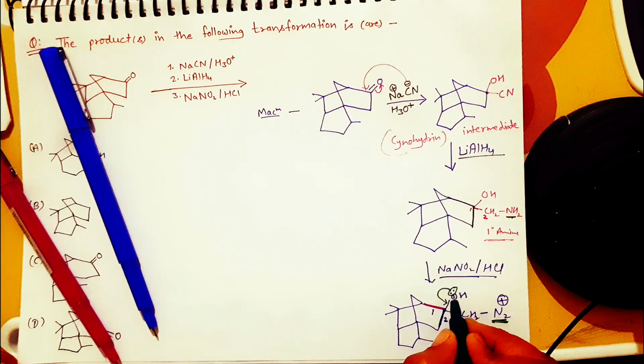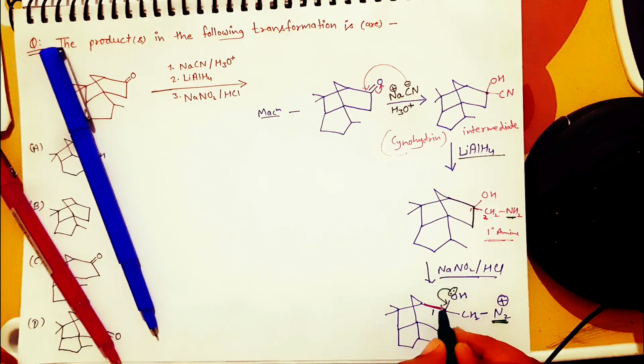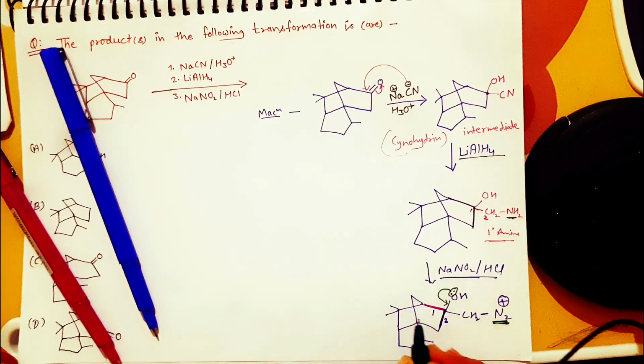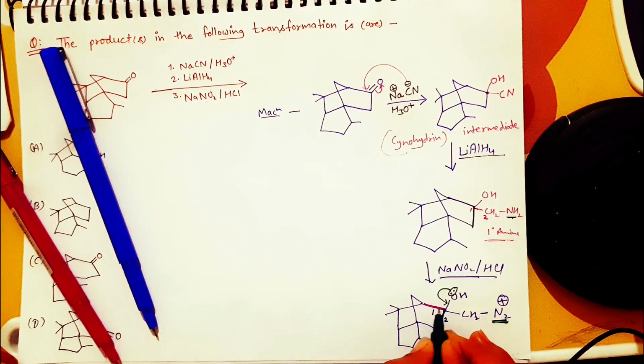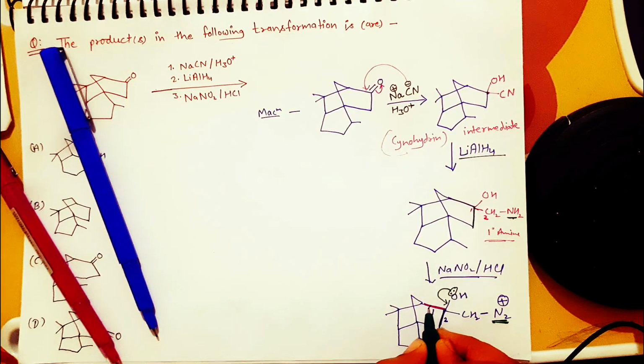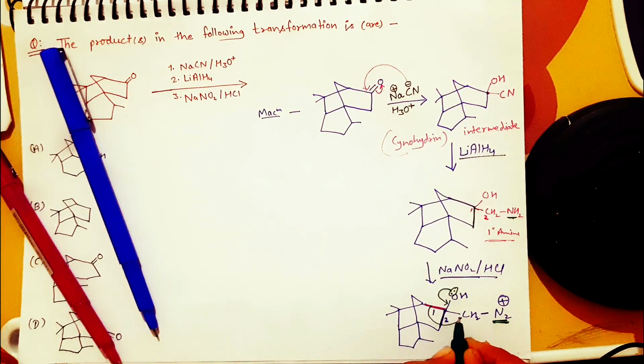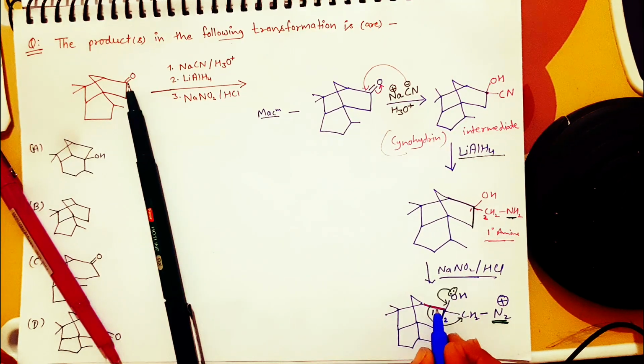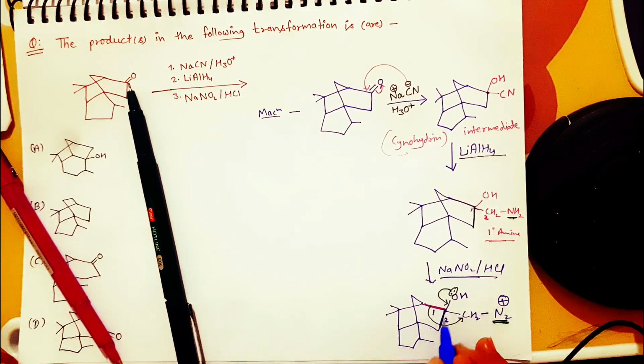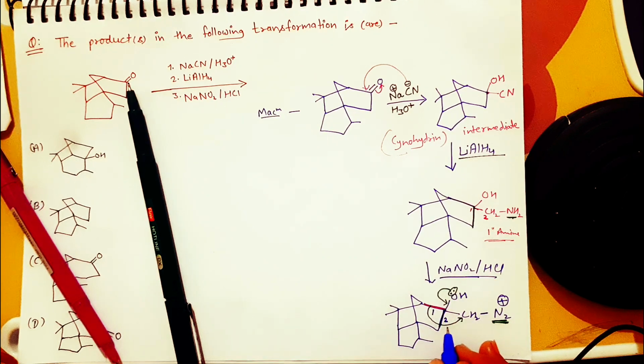The electrons come to this carbon oxygen bond and form a double bond, and the bond electrons migrate to this carbon atom, which we named 1, and this carbon carbon bond we named 2. So here two bonds are present, bond 1 and bond 2.